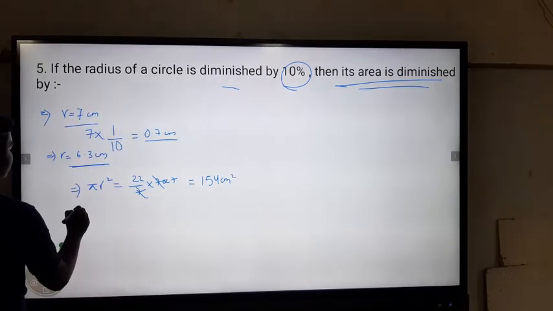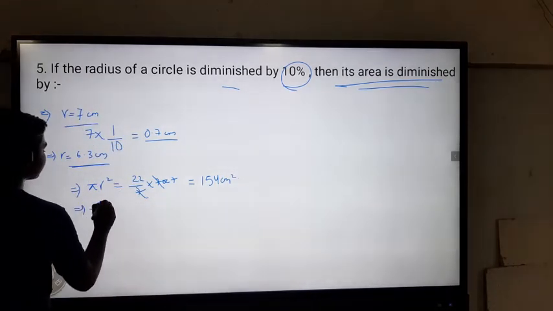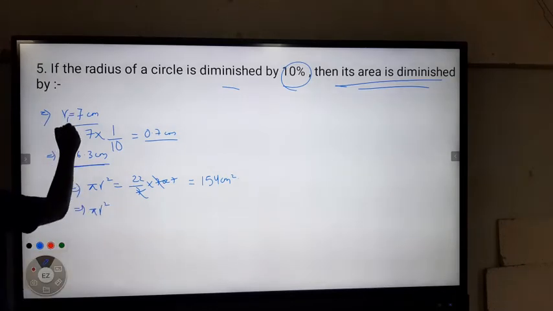So we will get 154 centimeter square. And then second, pi r square, this one is radius 1 and this one radius 2.